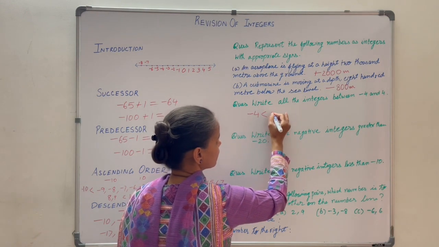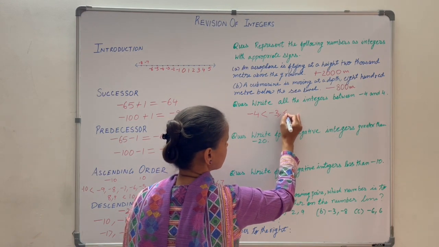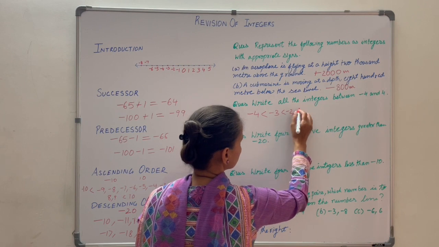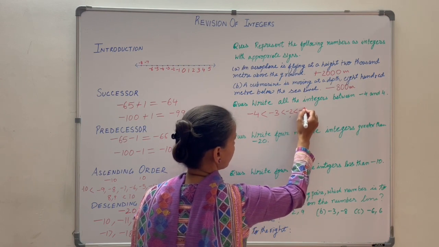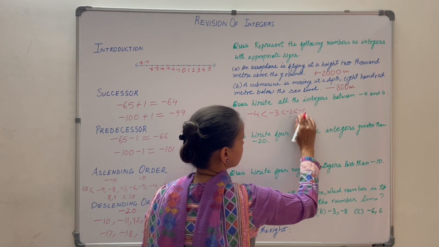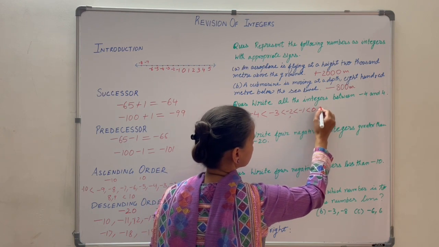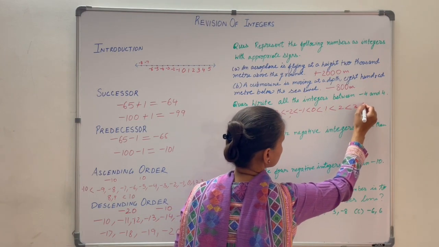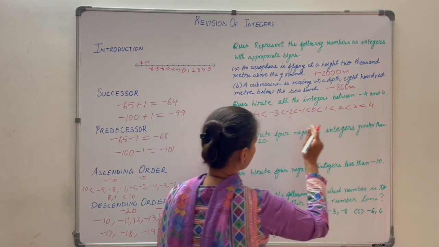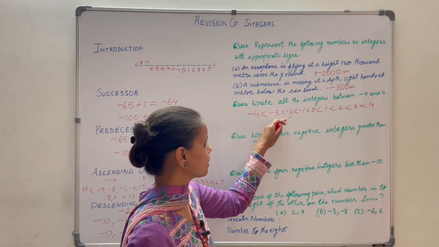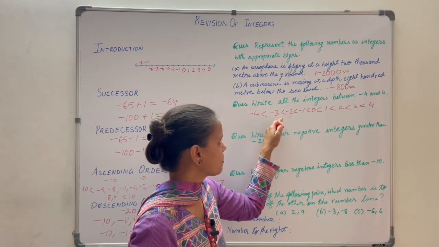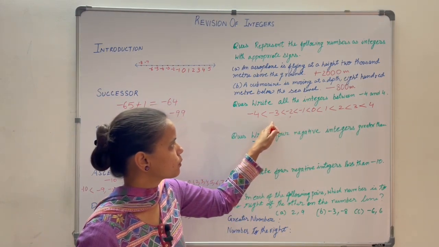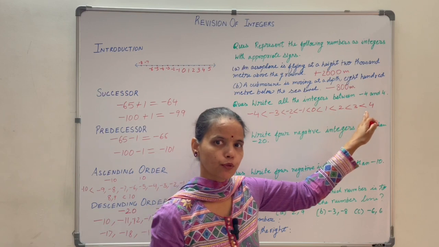Then between means minus 3, minus 2, minus 1, 0, 1, 2, 3, 4. So what are the numbers between minus 4 and 4? Minus 3, minus 2, minus 1, 0, 1, 2, 3. These are the numbers between minus 4 and 4.